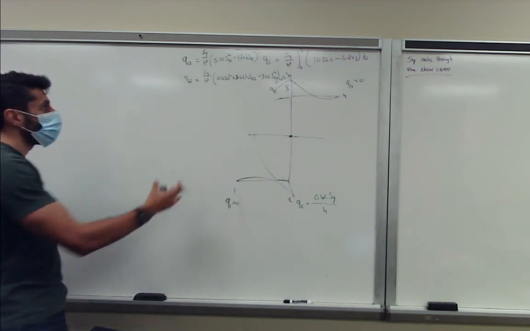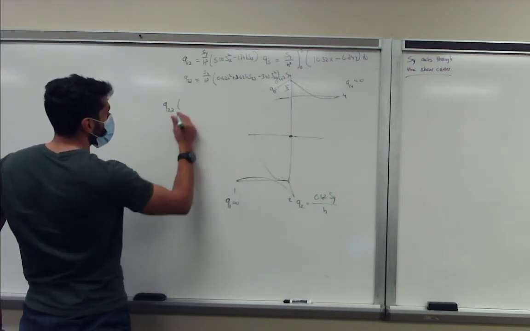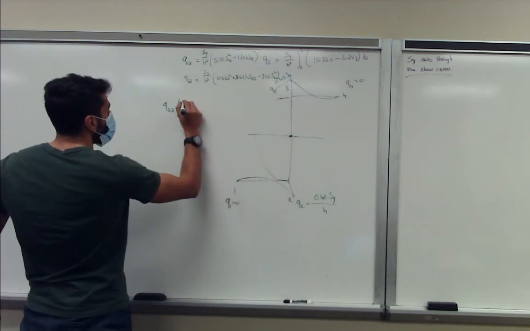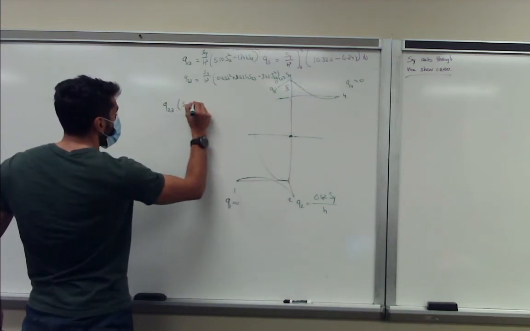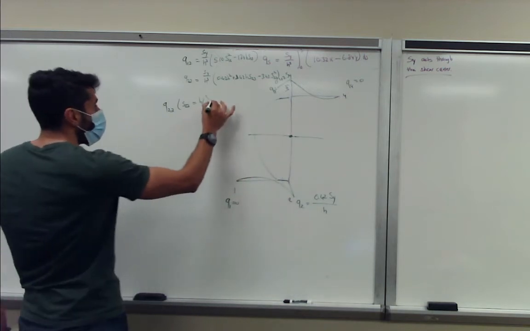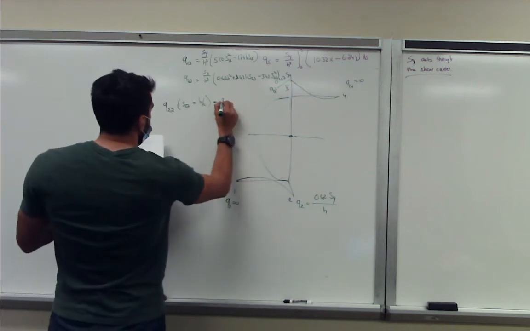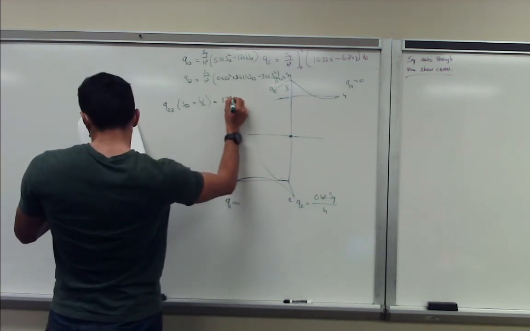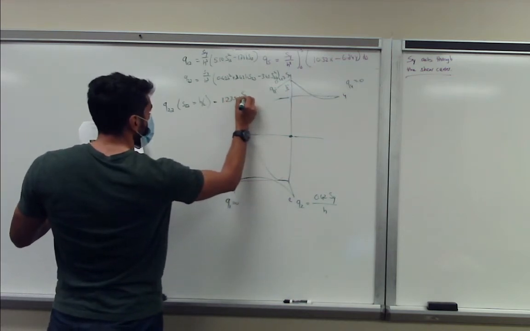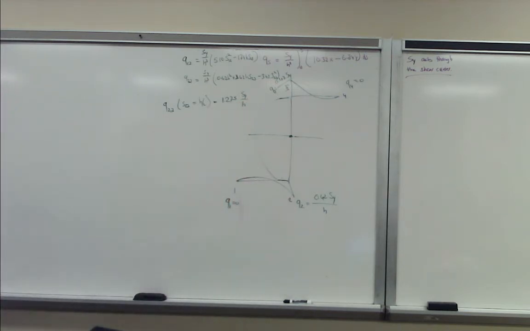Once you have Q23, you can evaluate at s23 equal to h over 2, because that's the central location, instead of 0 or h, and then you get your maximum value, which will equal 1.275 Sy over h. Then you can compare those values to your stresses and allowable stresses.